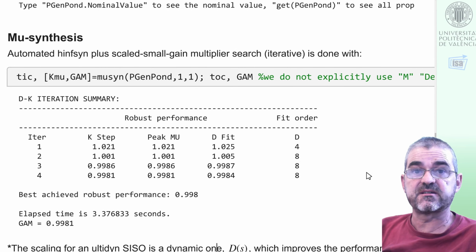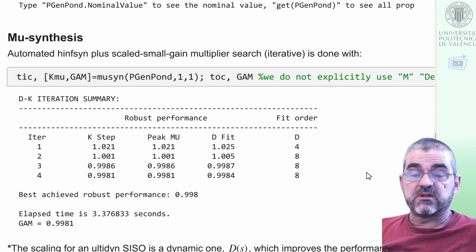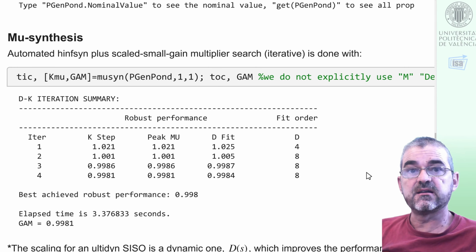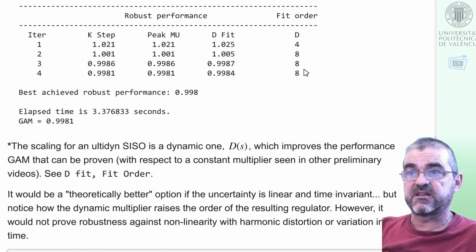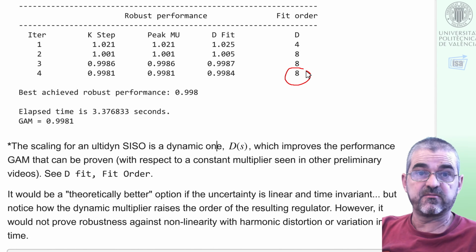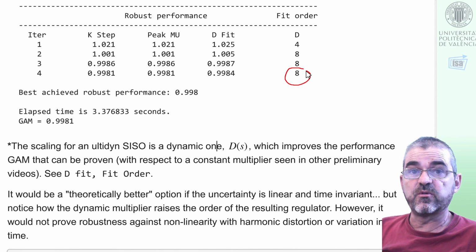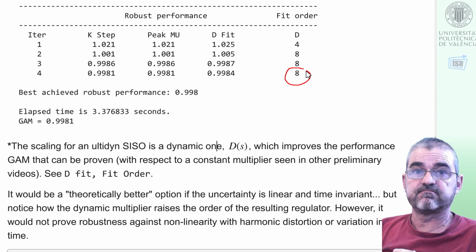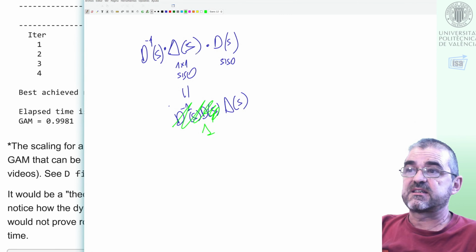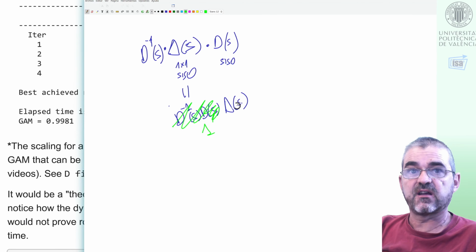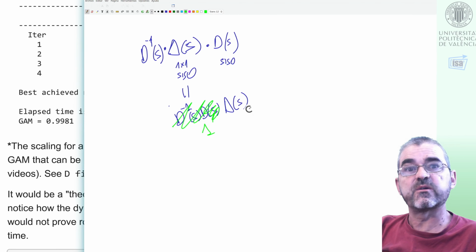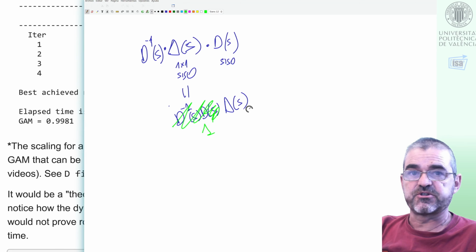Of course this will be better than our manual trial and error search of a constant scaling in previous videos. However, this dynamic scaling has two drawbacks. First, it does not prove robustness to nonlinear or time-varying blocks, because then this delta of s will not exist. Nonlinear time-varying things do not have a frequency response transfer function.